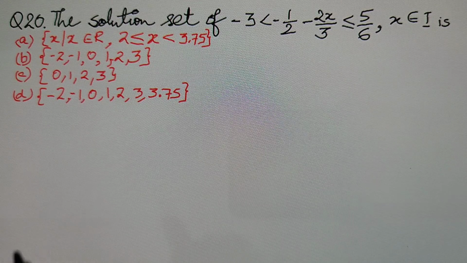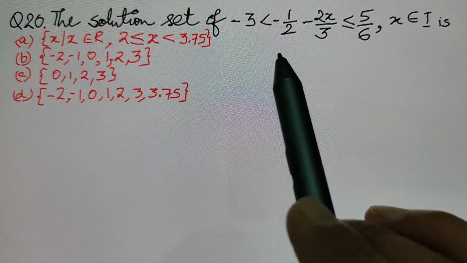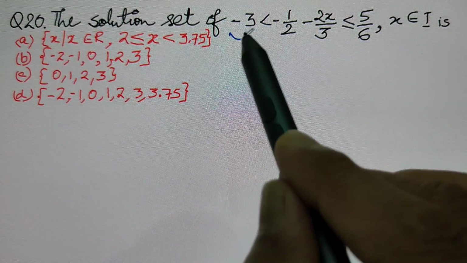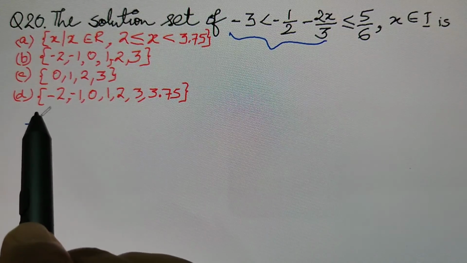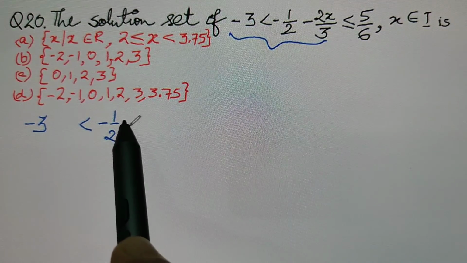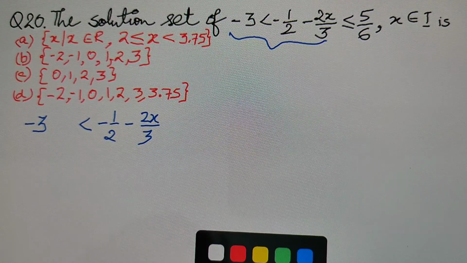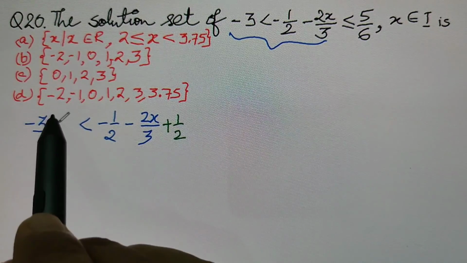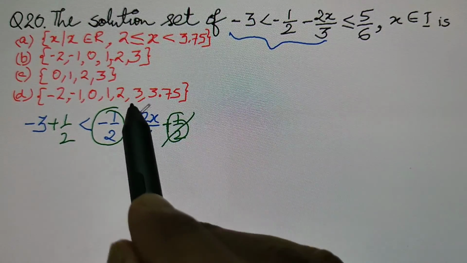Okay, fine. Let's see question number 20, where we have to find the solution set of the given linear inequation where x belongs to I. Let us take the first part of the inequation, where we have minus 3 less than minus 1 upon 2 minus 2x upon 3. Now we add 1 upon 2 to both sides, so this and this get cancelled.